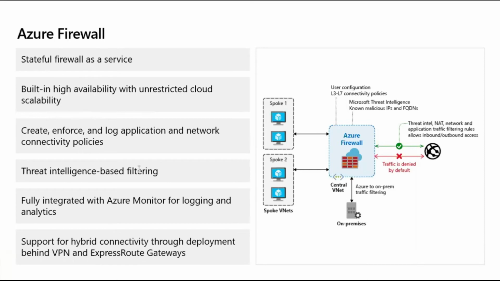It has threat intelligence-based filtering, and is fully integrated with Azure Monitor for logging and analytics. It supports hybrid connectivity through deployment behind VPN and ExpressRoute gateways. So it has a lot of advantages. It can do threat filtering, you can monitor as well, and you can get some data as well. Azure Firewall has a lot of security functionality.